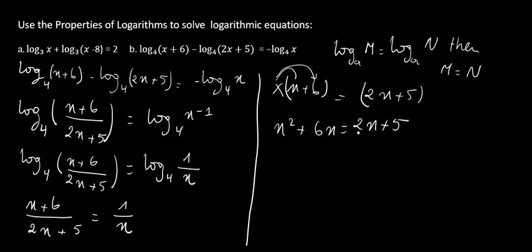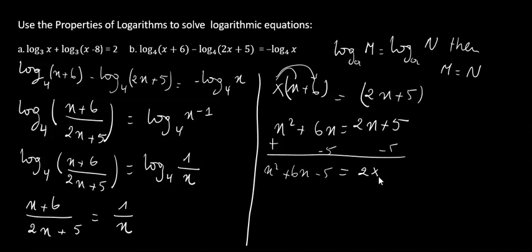I will add minus 5 to both sides. Plus minus 5 and plus 5 will give me 0. Here I will have x squared plus 6x minus 5.